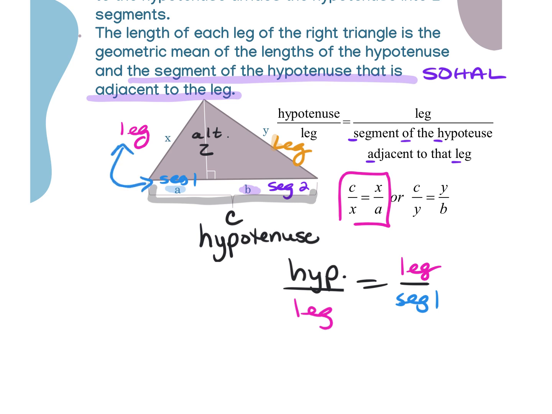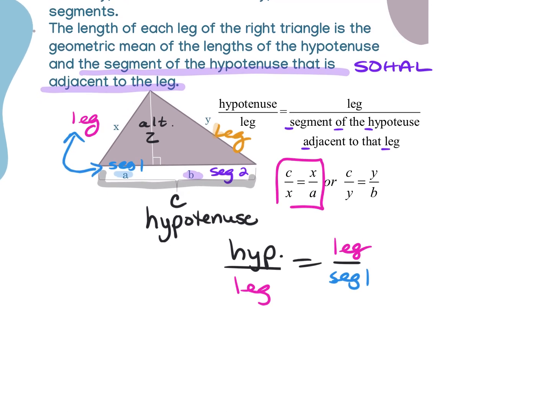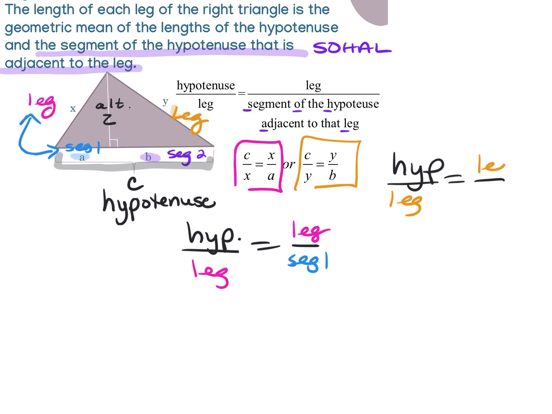And then I'll do the same thing for the gold. So this one, again, it's hypotenuse over the gold leg. So leg and leg, these are both the same letter. You don't use the pink and the gold in the same thing. And then its SOHAL is the purple.